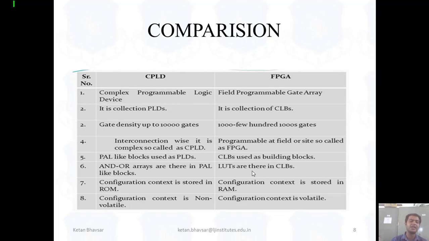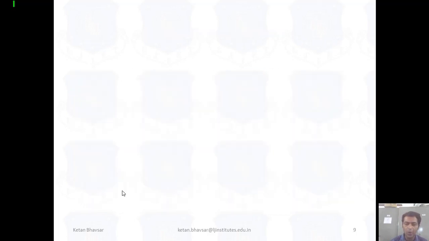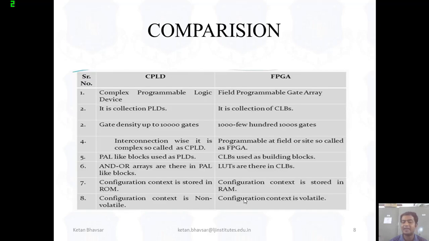And when we're dealing with the PLA, we can see only AND or OR logic. We cannot identify the K-map, or see the Boolean function. CPLD is designed with the help of ROM, and FPGA is designed with the help of RAM. One is non-volatile, and the other is volatile. So these are the basic comparisons between CPLD and FPGA. There are a number of FPGAs and CPLDs available in the market.